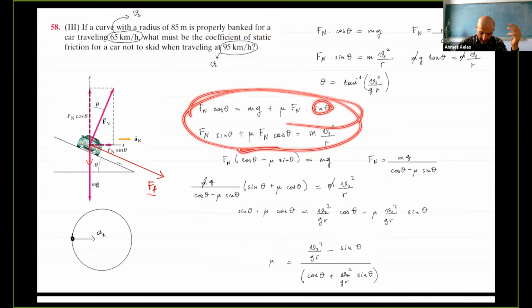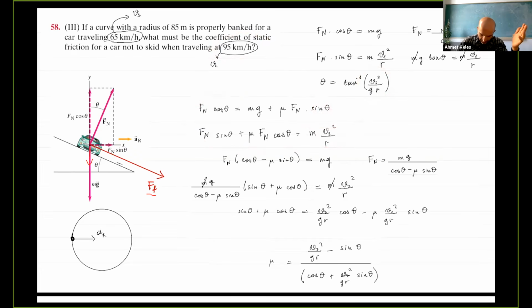And the angle is already found from this design speed. I put the design speed in to find the angle. And when I solve it for mu, that's what I find for mu. So what this says is, if mu matches this V2, this guy is going to be fine. But if mu is less than this, this guy is going to slide. All right?